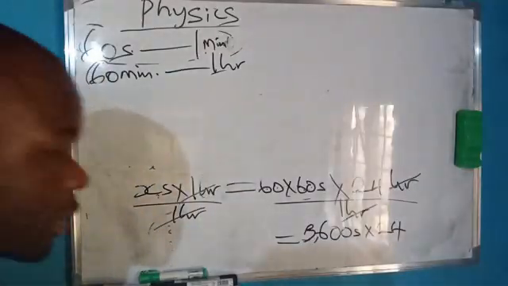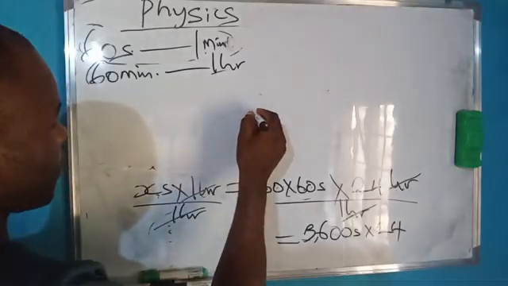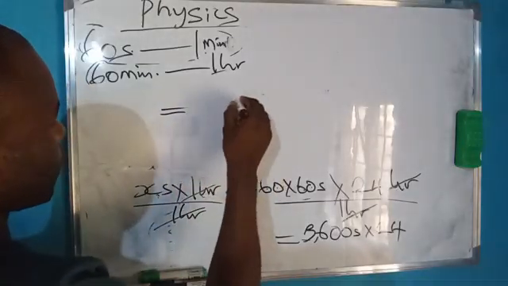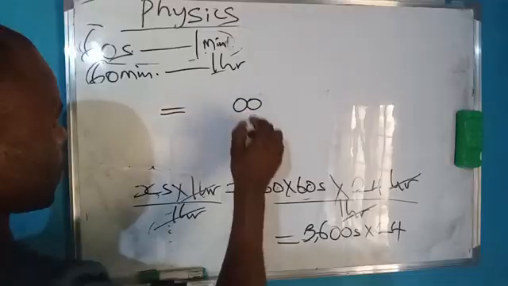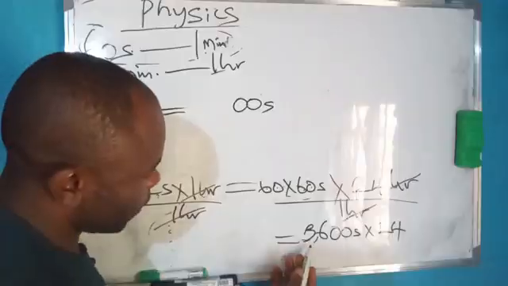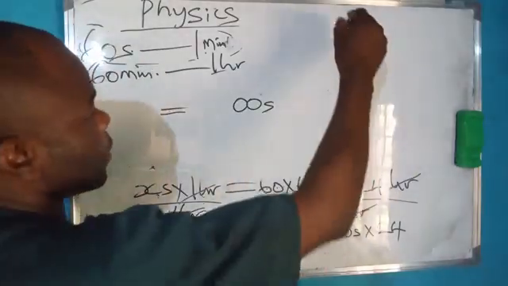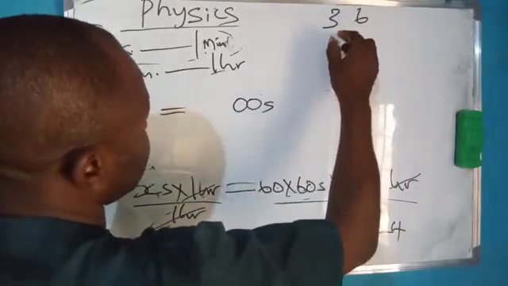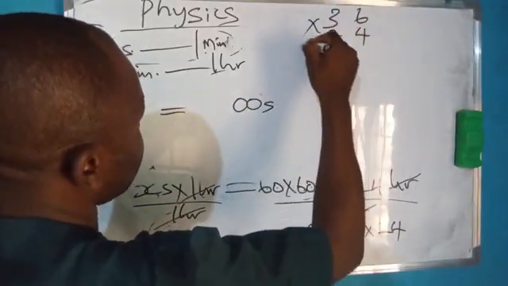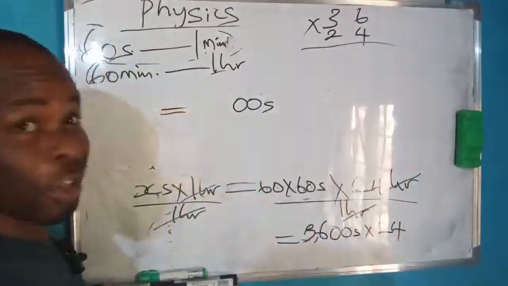Still write this 0, 0 here, which is equal to 0, 0 seconds. Then you now have 36 and 24. Just 36 times 24, so that you have 4 times 6. You know, I'm not using a calculator.